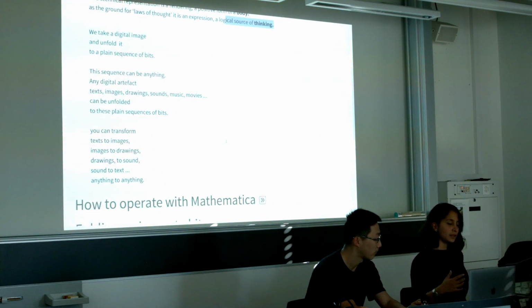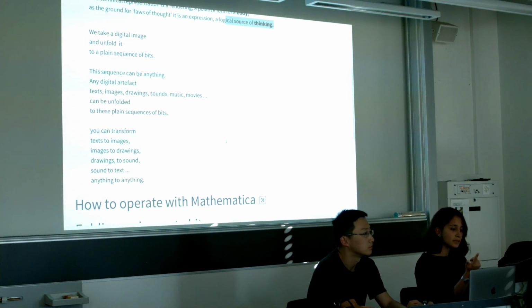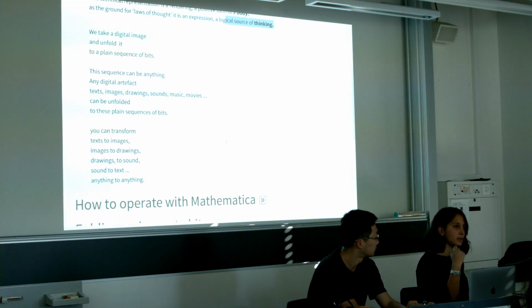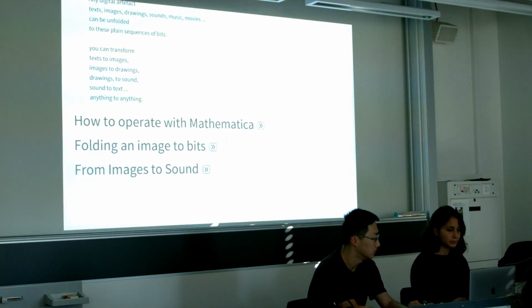So we can take a digital image and unfold it into a plain sequence of bits, and this sequence can be anything, because any digital artifact can be transformed into text, images, drawings, sounds, music, movies, and it can all the time be transformed back into numbers and back into any type of media. So we can transform text into images, images into drawings, drawings into sound, sound into text, so anything into anything.